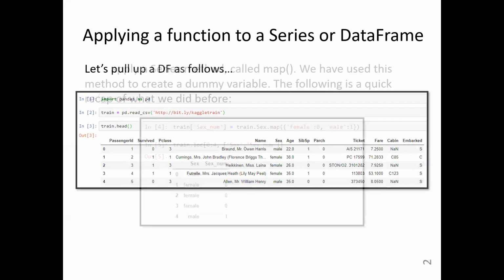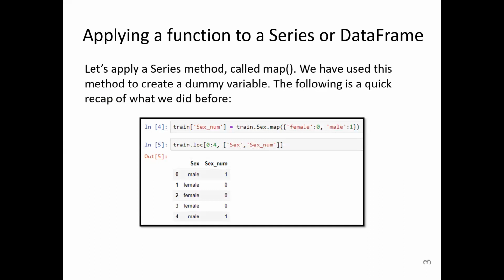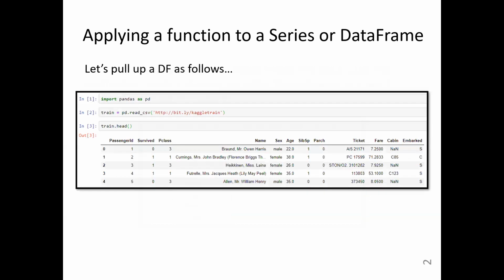Okay, so the very first thing that we want to do is, imagine here we have one column. You remember the dummy variables that we worked on, right? So imagine that we want to do something similar to that. Let's consider the column that we have for genders, where male is 1 and female is 0.